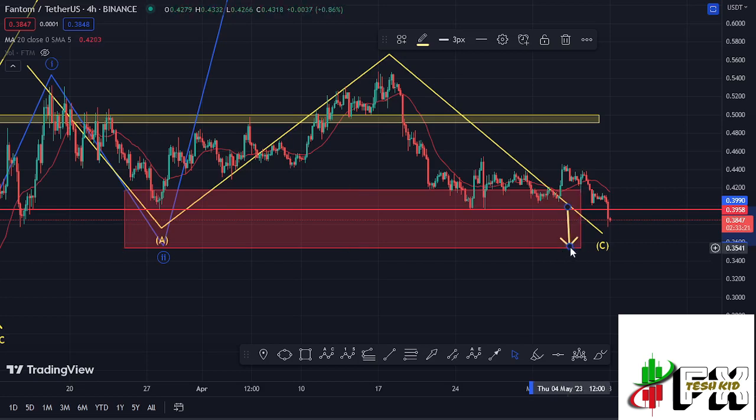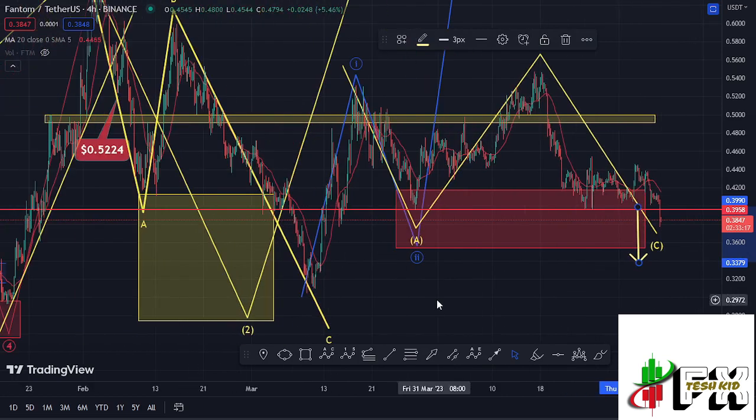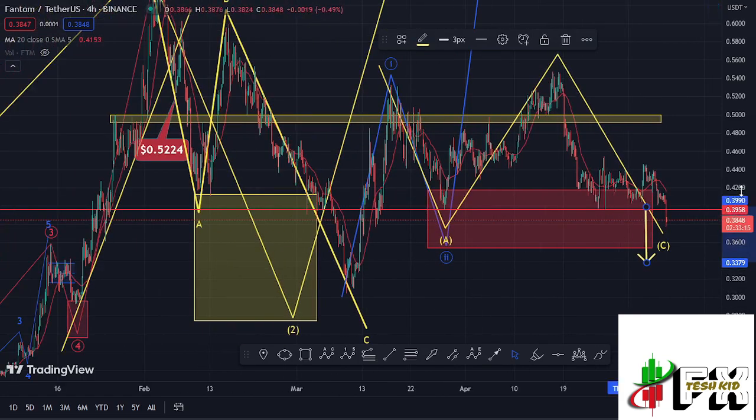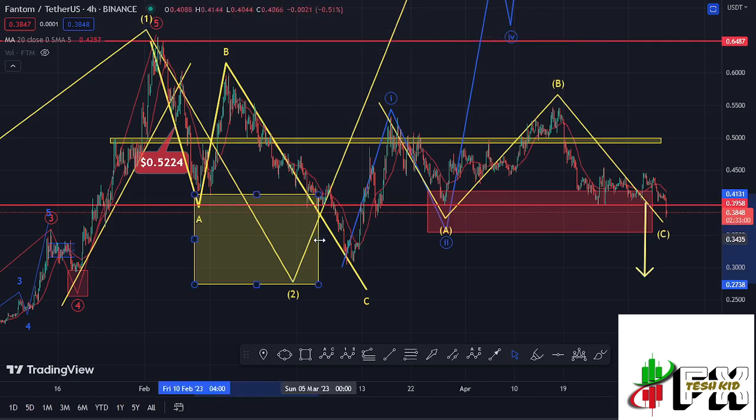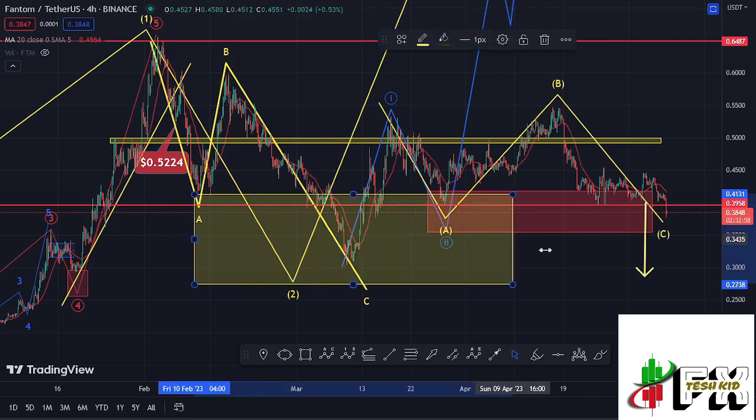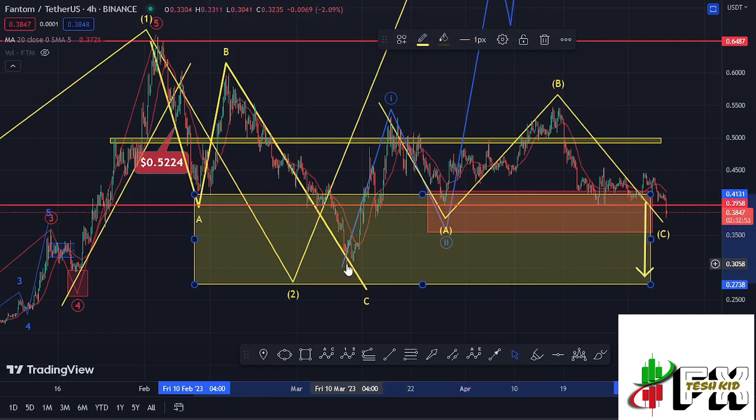And in case we lose our red target area over here, we also need to have in mind that we can also have a more bearish scenario here on the Fantom chart in case we lose this red target area, where we could have a reset of this higher Elliott wave count 2 right here in yellow, which is giving me the long-term expectations, where we can bottom out within this blue target area once more and get a low below the low at around the $0.3 mark.